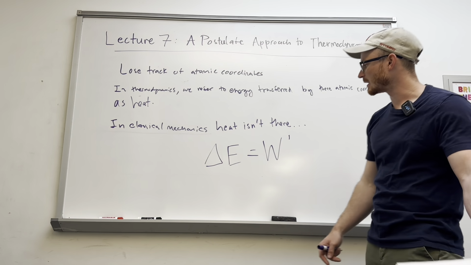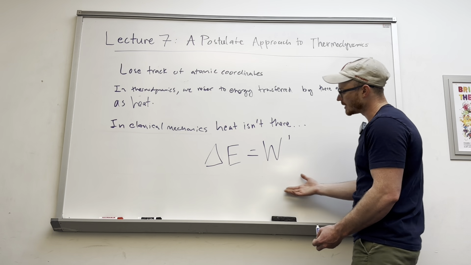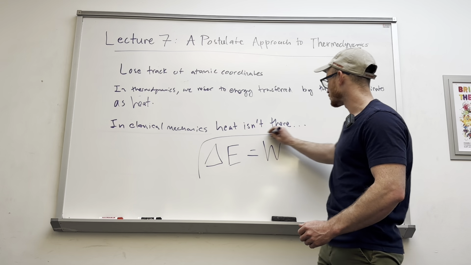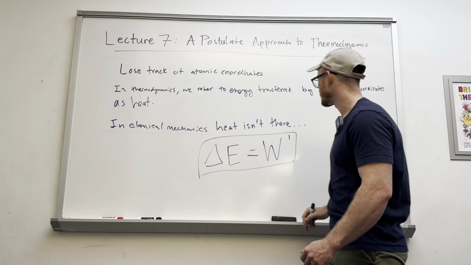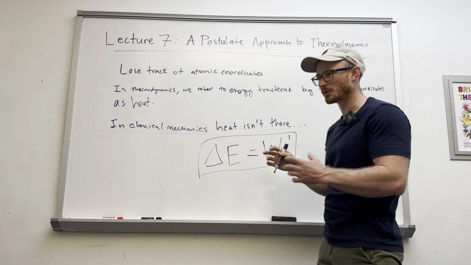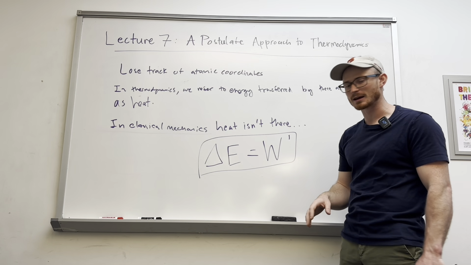So in a closed system, where we're not exchanging particles or energy, we could show with classical mechanics that the change in energy is just directly equal to the work done on the system. And there was no invisible mode of transferring energy. There were no hidden atomic vibrations or rotations that we had to think about.